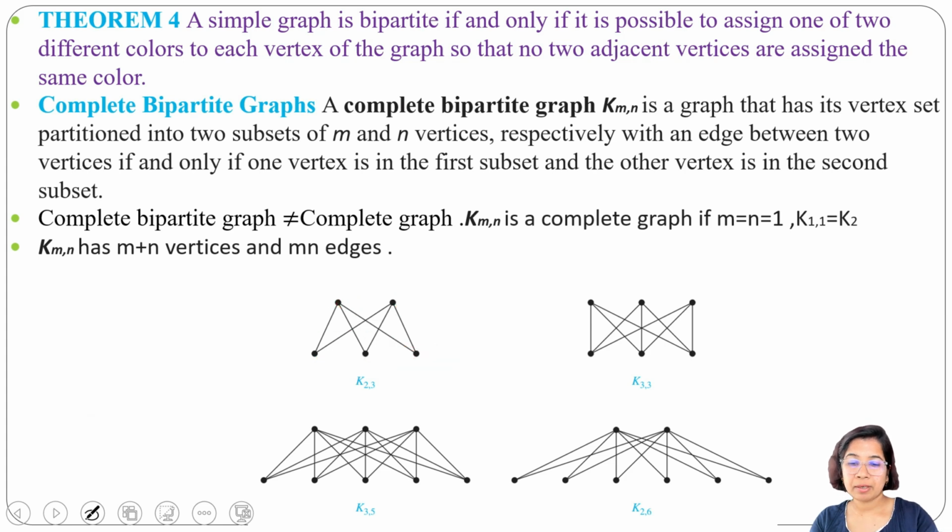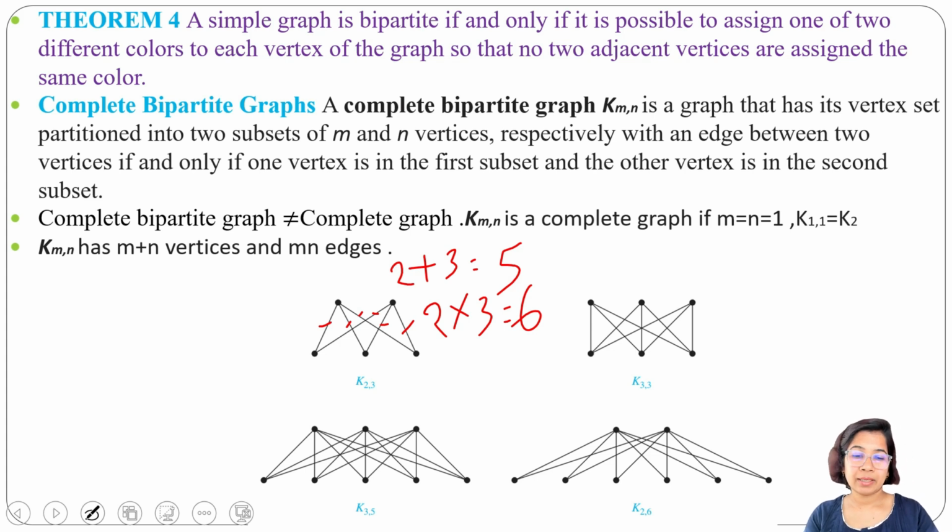Here the number of vertices equals 2 plus 3, so there are 5 vertices, and the number of edges equals 2 times 3, which is 6. There are 6 edges.